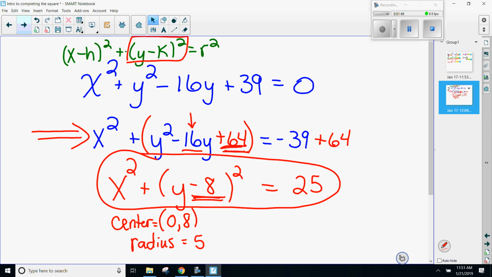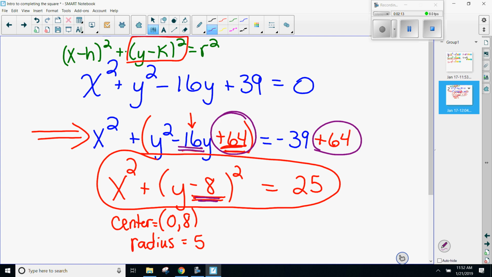So we said, well, let's try this process known as completing the square. So we talked about how we want to take this y coefficient and divide it by 2. If I divide it by 2, I get a -8. And then if I square that, I get 64. But if I add 64 to one side of the equation, to keep it a balanced equation, you have to add it to the other side of the equation.